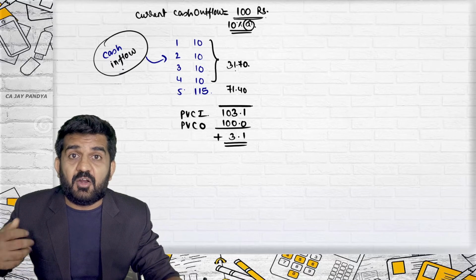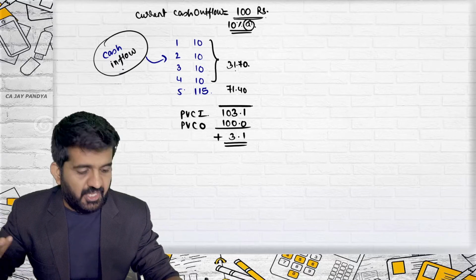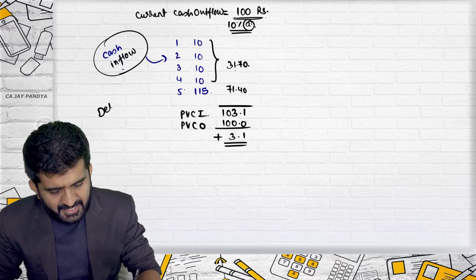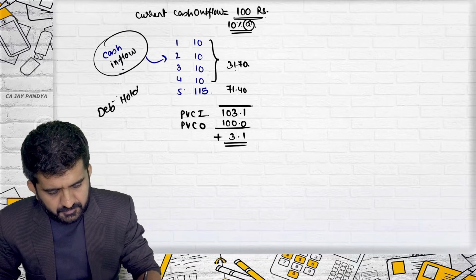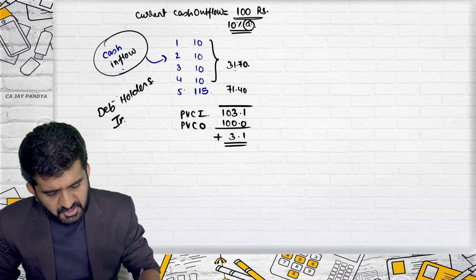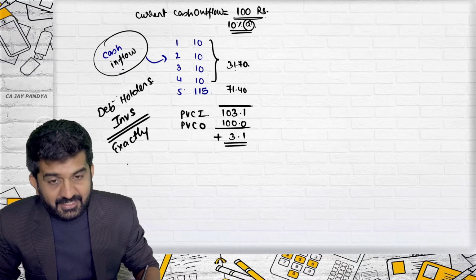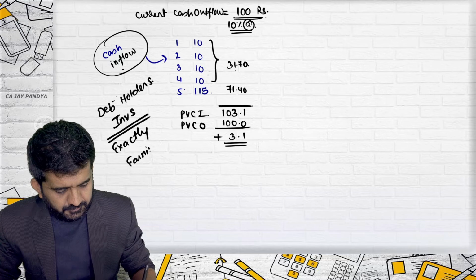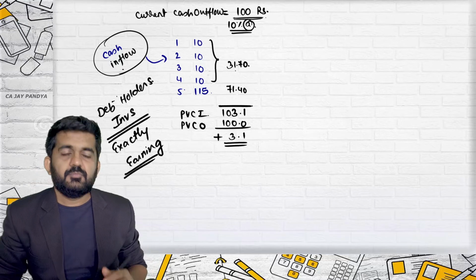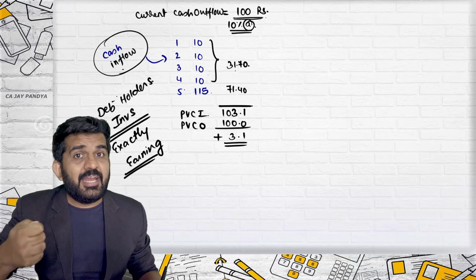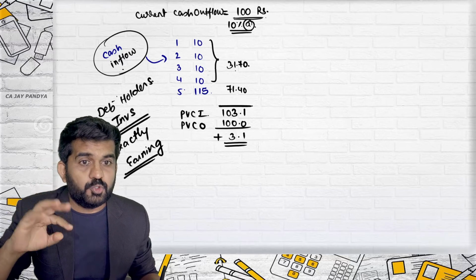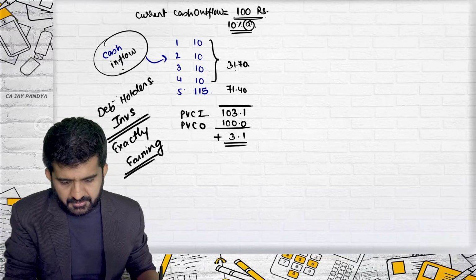I want IRR. What exactly is the project earning? For debenture holders, this is an investment, and he is finding out what exactly he is earning. Now, at 10%, NPV is not 0, so he is not exactly earning 10%.